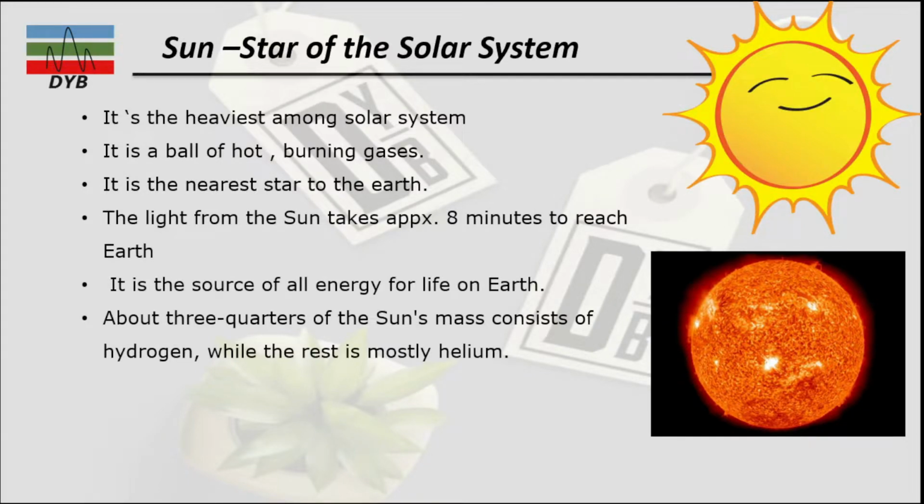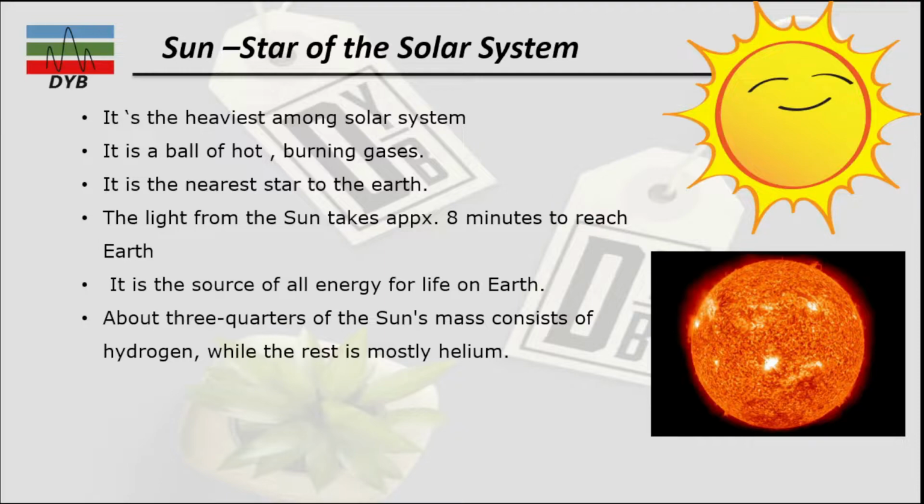The light from the Sun takes approximately 8 minutes to reach the Earth's surface, and it is the source of energy for life on Earth. If there were no source of energy, the temperature of the Earth would drop a lot.